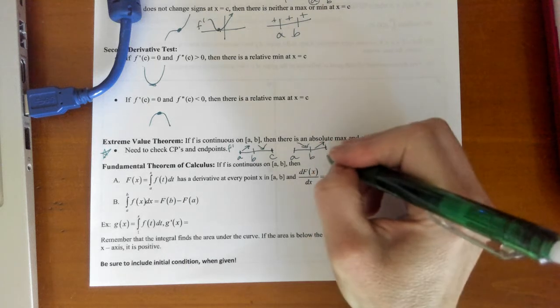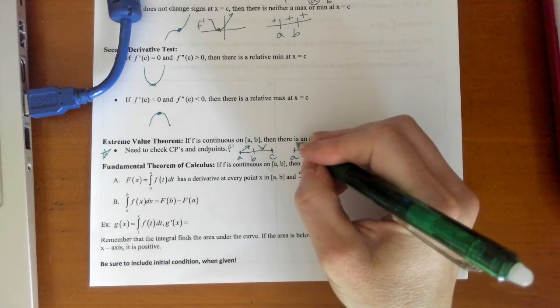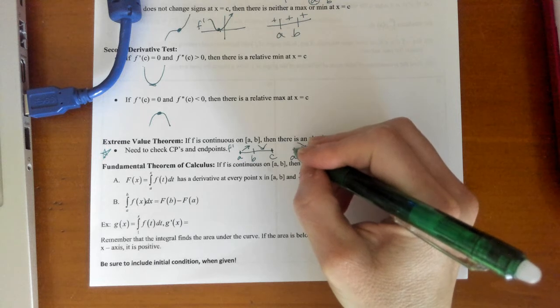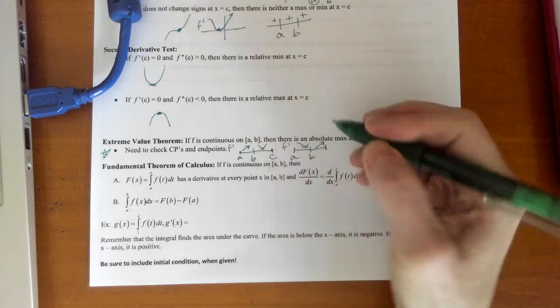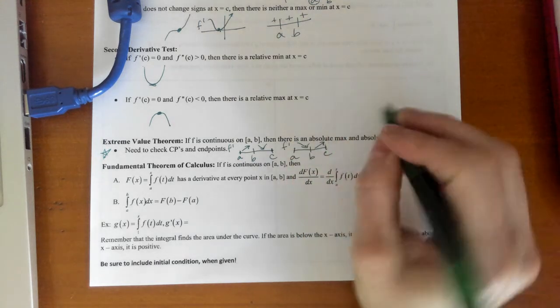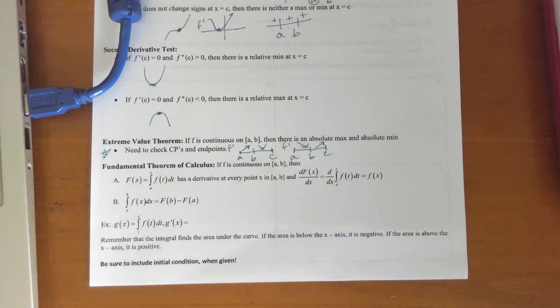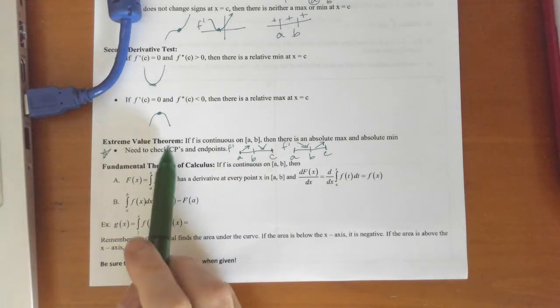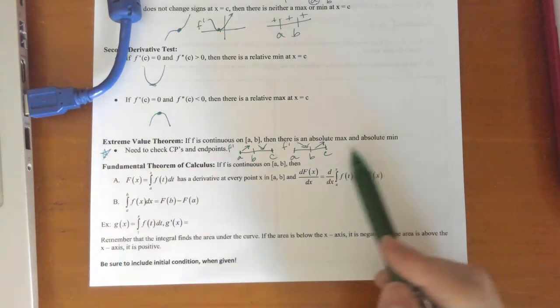We could say that a is a relative maximum because it is a left endpoint followed by f prime less than 0. Point c could also be a relative maximum because it is a right endpoint preceded by f prime greater than 0. So extreme value means you're looking for the absolute.